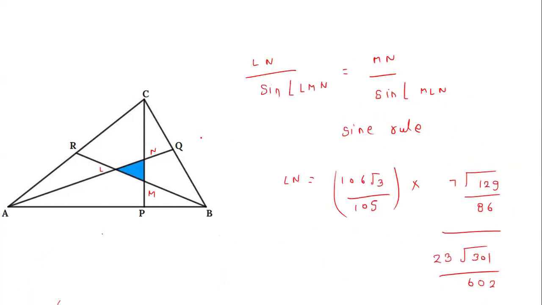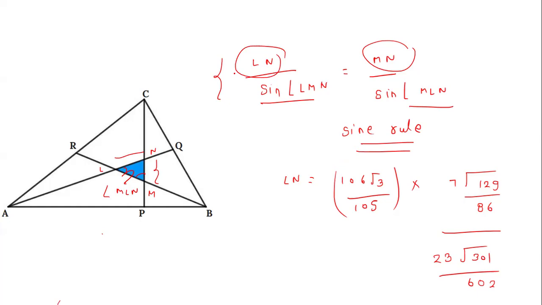Now from the sine rule we can write LN divided by the sine of its opposite angle LMN, and MN divided by the sine of its opposite angle. This is our angle MLN. This is because of the sine rule. Now we want to calculate LN from here.